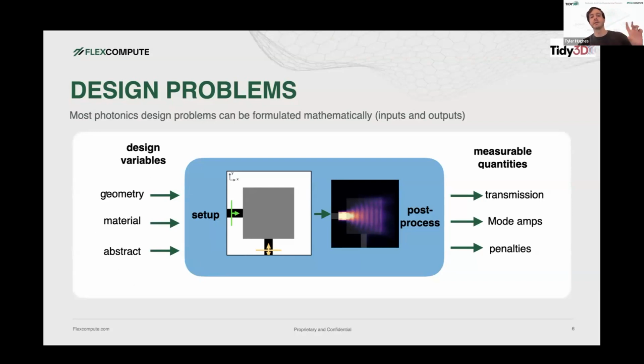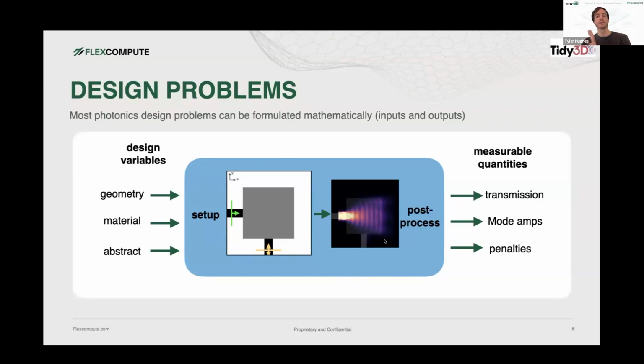You might also have some more abstract design variables, such as parameters that affect many things at once. Typically, these design variables are the inputs to some figure of merit function, where they set up your device or your simulation. These design variables come in as inputs, they set up your simulation, and then you use a simulation tool like FDTD to compute the electromagnetic fields in your device.